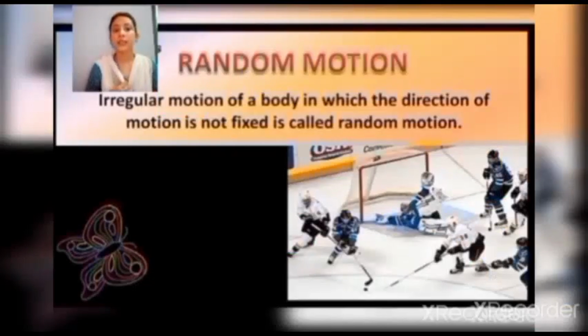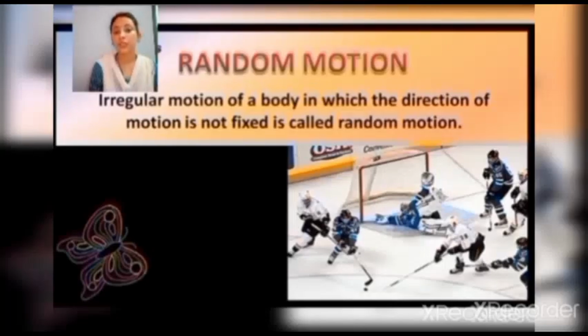The next is random motion. Random motion means the motion is not defined, whether it will go straight or in a circle. If a motion does not have a definite direction, it is said to be random motion, such as the motion of a butterfly. You must have seen a flying butterfly. You must have seen a falling leaf.